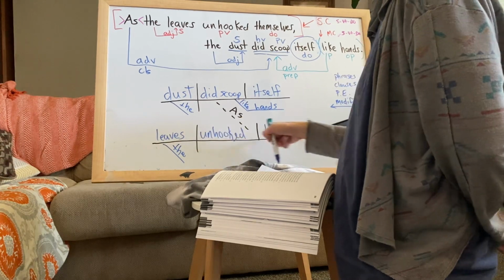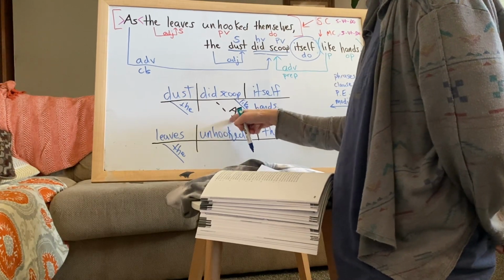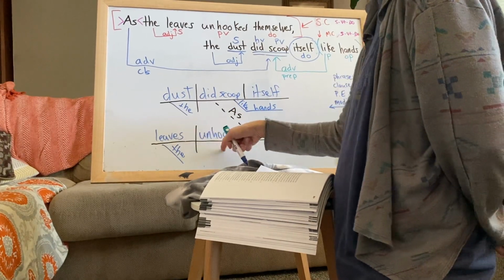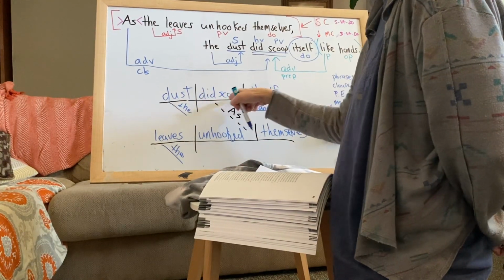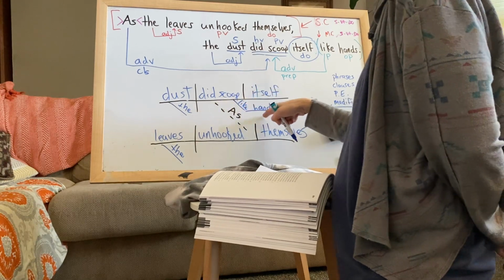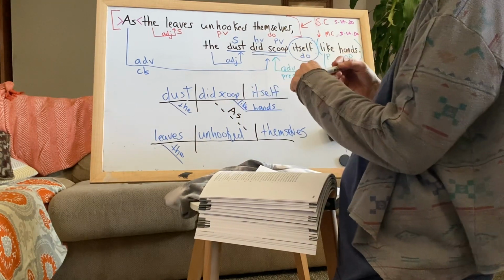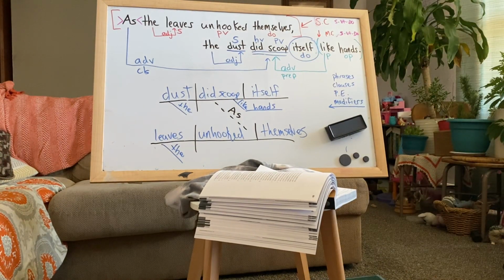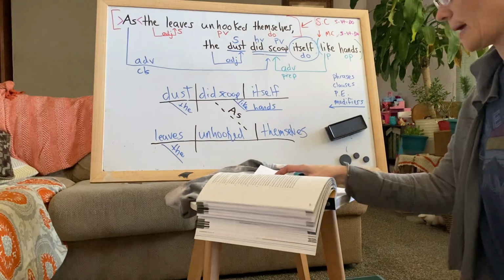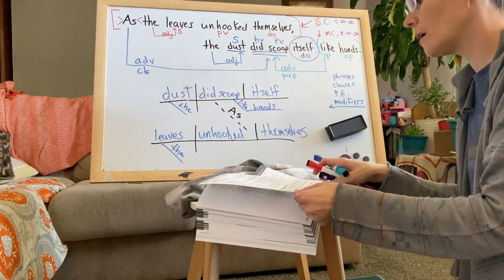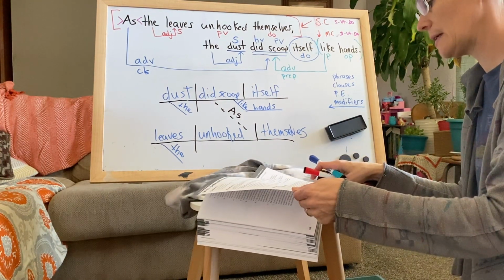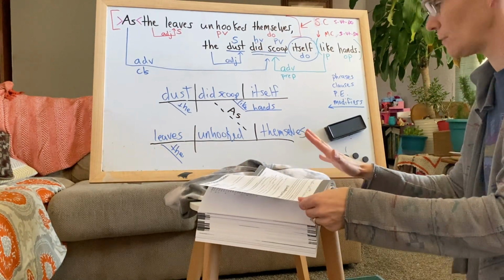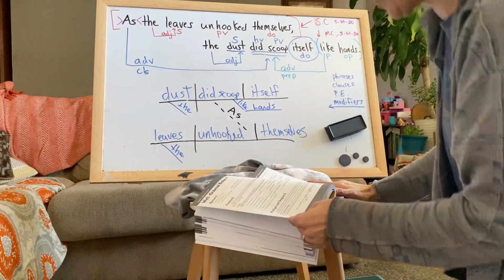As the leaves unhooked themselves, the dust did scoop itself like hands. There we go. I'm going to stop this where it's at. Actually, no, I'm going to do one more. It's only a 15 minute video. I'll do one more sentence, okay?